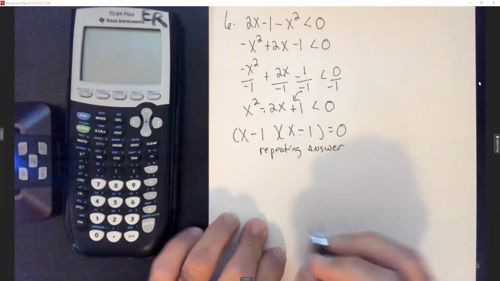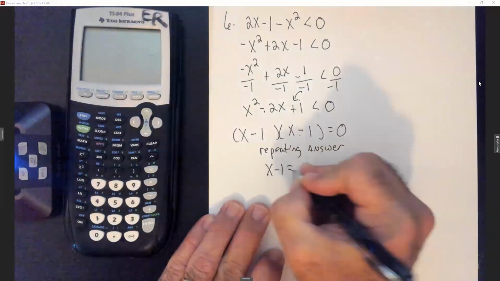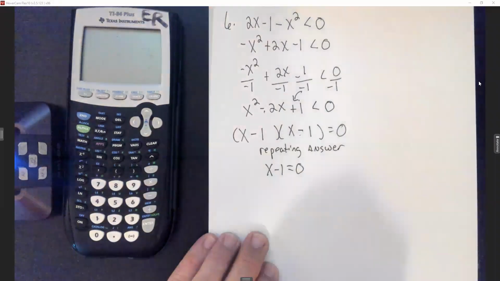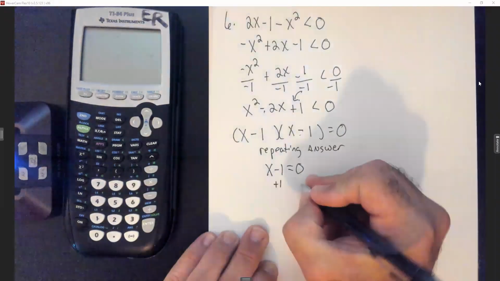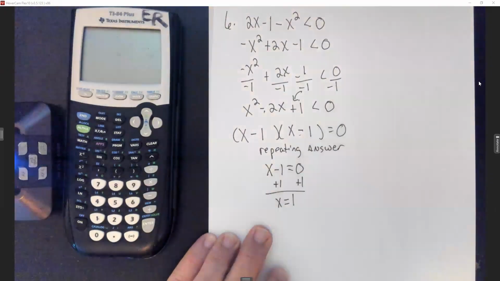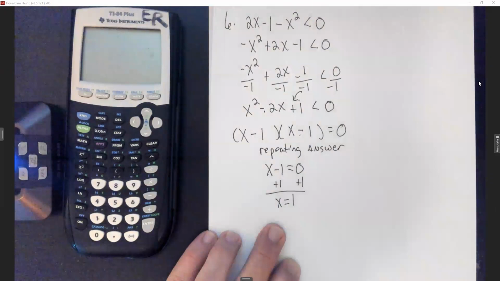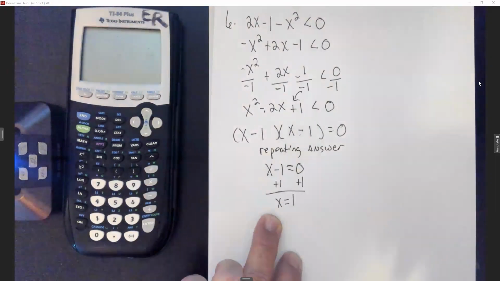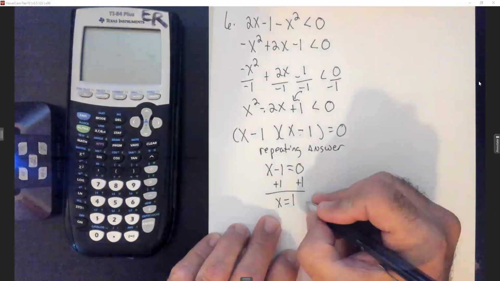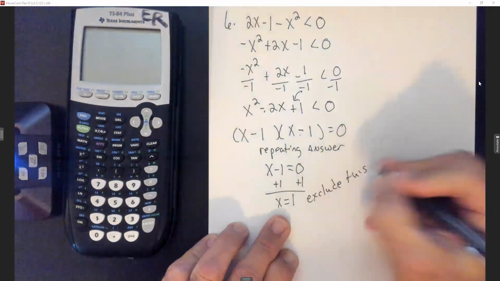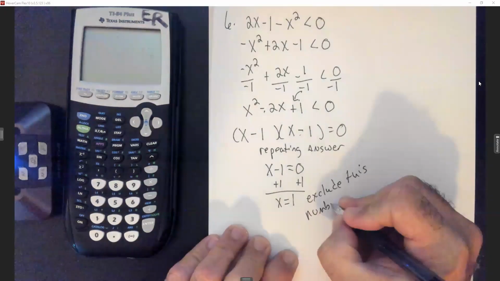So all I'm going to do is solve one of these. I'm going to set x minus 1 equal to 0. I'm going to add 1 to both sides, and I get x equals a positive 1. So remember, anytime I got a single answer, that's the only number we're going to exclude from the domain. So we're going to exclude this number from the domain.